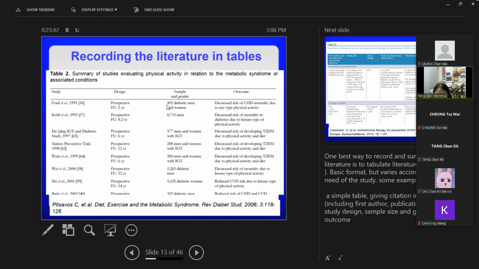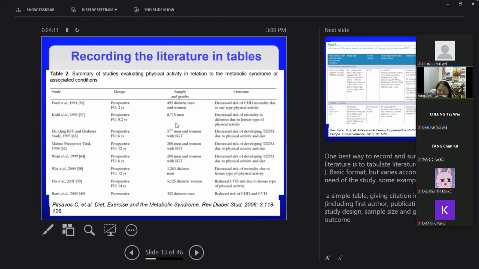Here as few as 200 and as many as 8,000. Gender, because there are significant gender differences in terms of the physical activity benefits on metabolic syndrome.